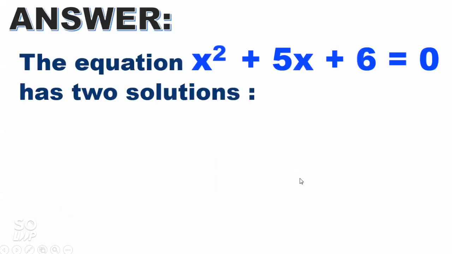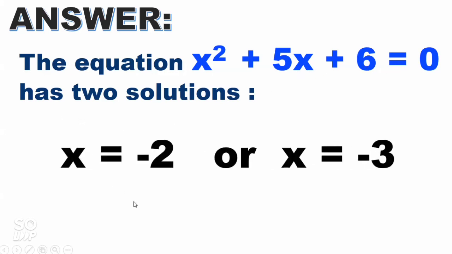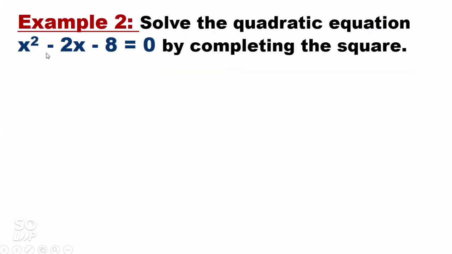Next, the equation x squared plus 5x plus 6 equals 0 has two solutions. They are x equals negative 2 or x equals negative 3. Next, example number 2. Solve the quadratic equation x squared minus 2x minus 8 equals 0 by completing the square. Again, this is the perfect square trinomial.